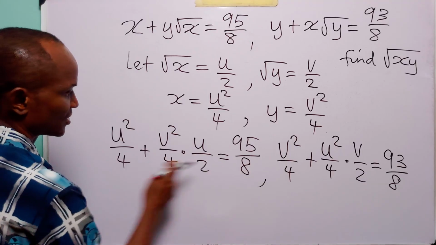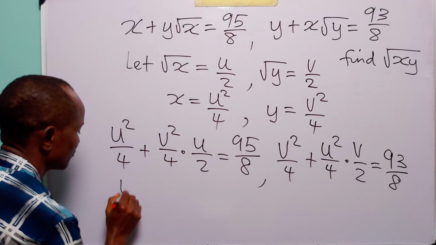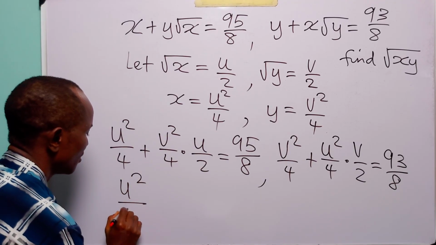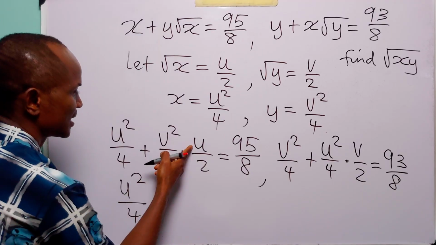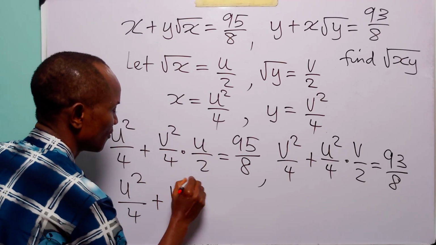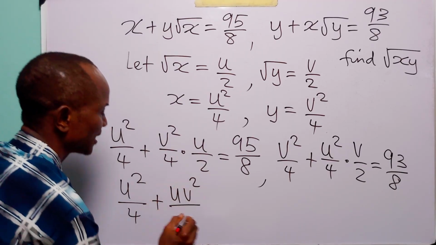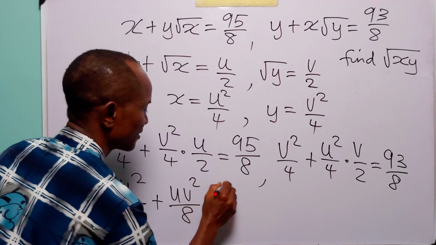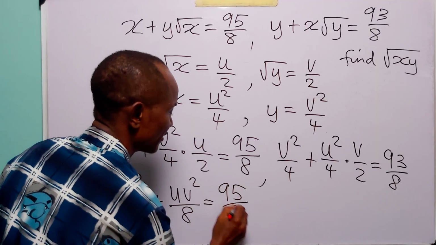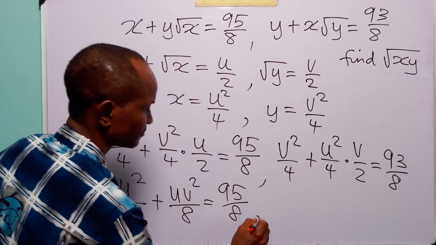Now, let us tidy up this. We have u squared over 4 plus u v squared over 4 times 2, which is 8, and this is equal to 95 over 8.